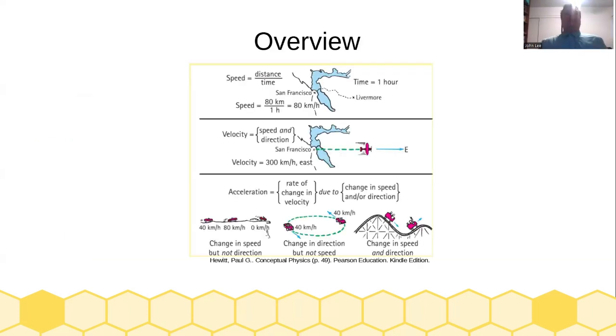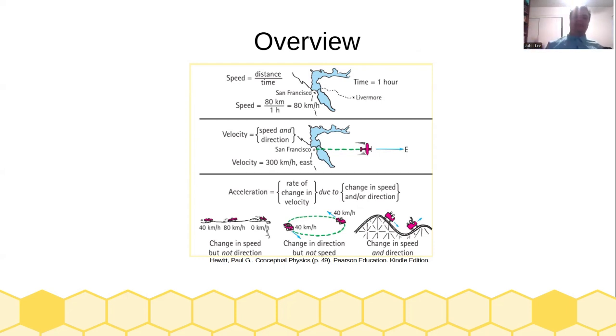In overview, we have these three vector quantities: position, which is San Francisco or Livermore on the map; velocity, which is speed and direction, given by a plane leaving San Francisco at a velocity of 300 kilometers per hour moving east; and acceleration, which is the rate of change in velocity due to a change in speed and/or direction.